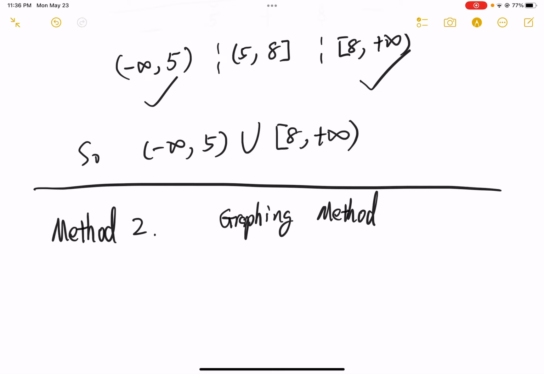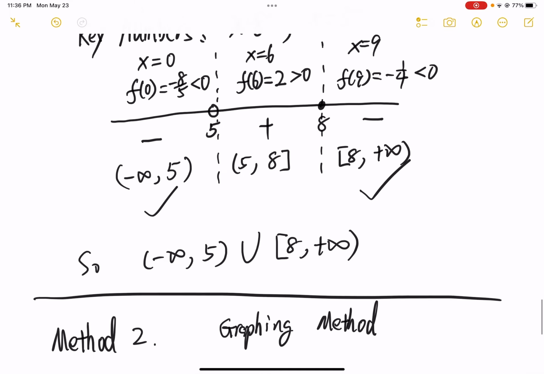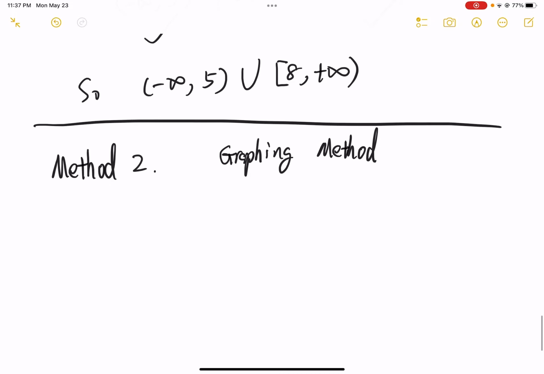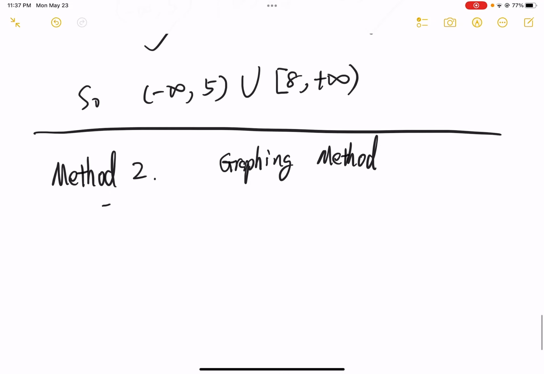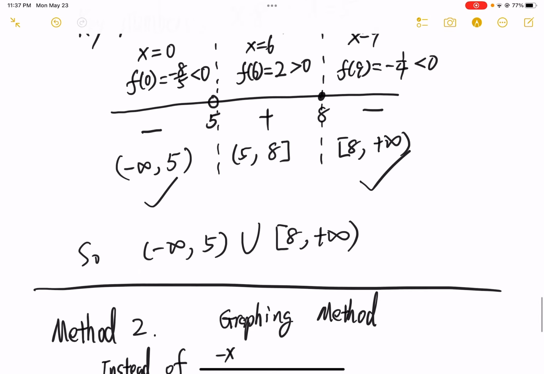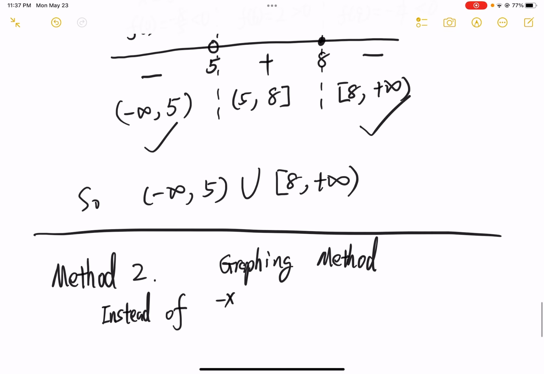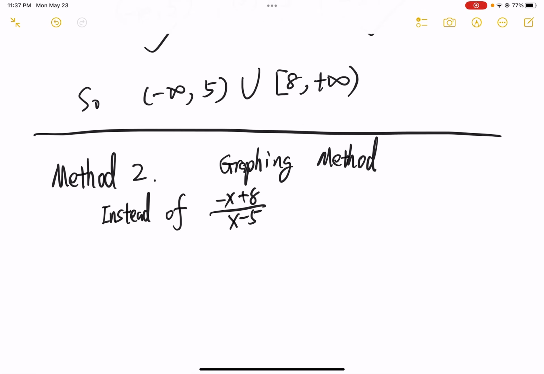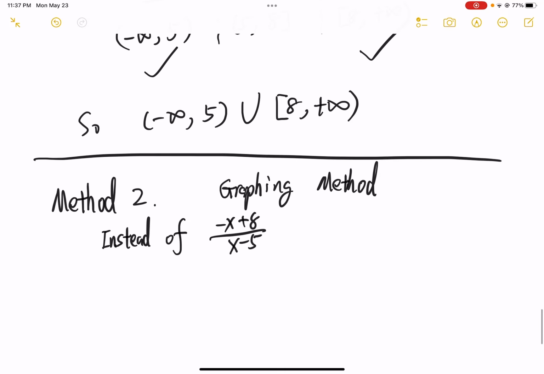We also call it graphing method, but instead of considering negative x plus 8 over x minus 5, we're considering this one.